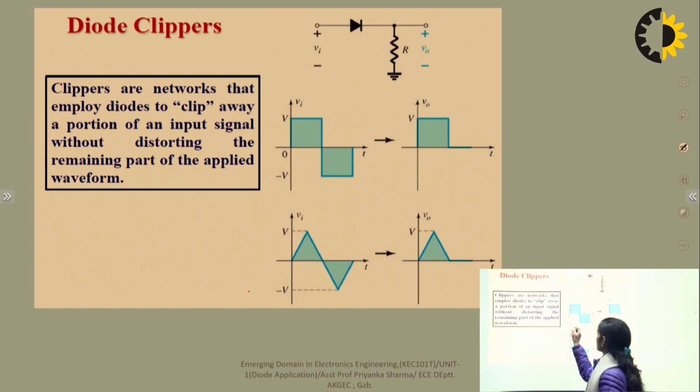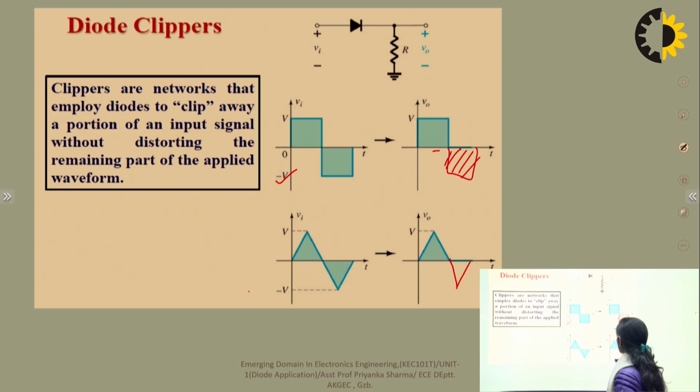If we see the square wave signal here, the negative cycle is clipped, and that is called a negative clipper. In the triangular waveform too, the negative cycle is clipped, which is why it is called a negative clipper. This removes part of the signal cycle and gives you the clipper concept.